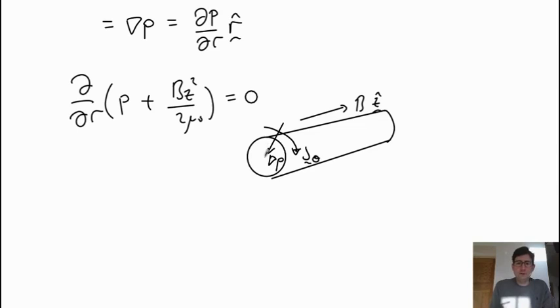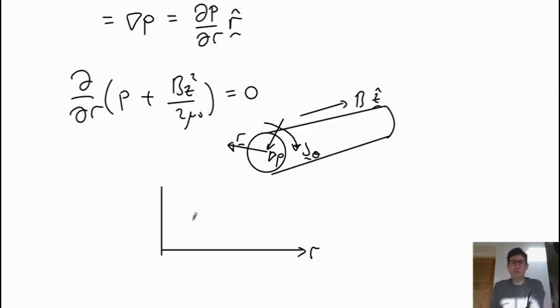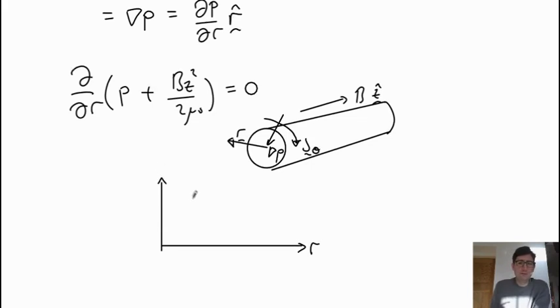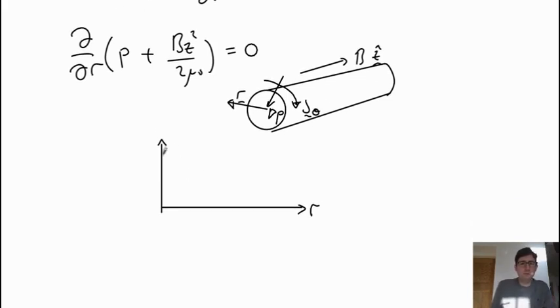So as a function of R, R is this radial coordinate out here, so I can plot R on this axis, and here I put the pressures. You want a high pressure in the middle, so a high fluid pressure in the middle. So say P is going down like this.